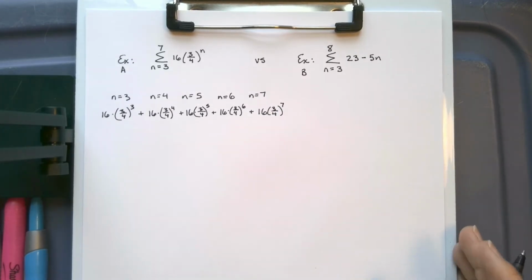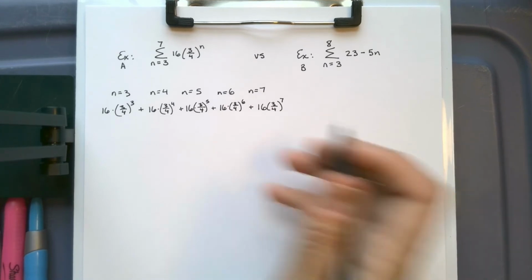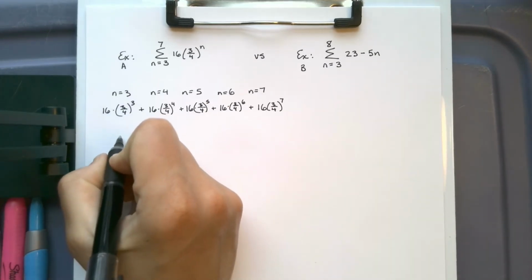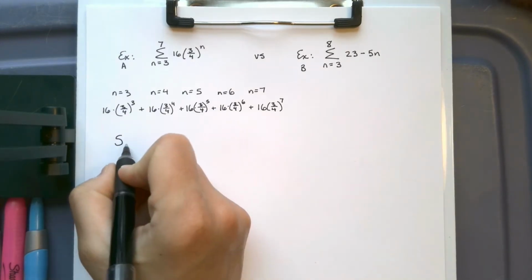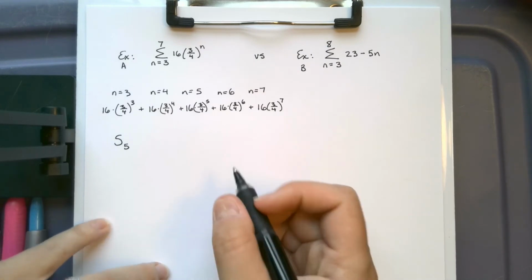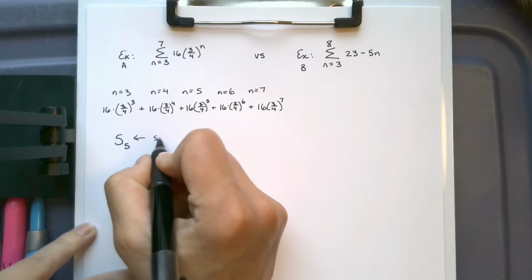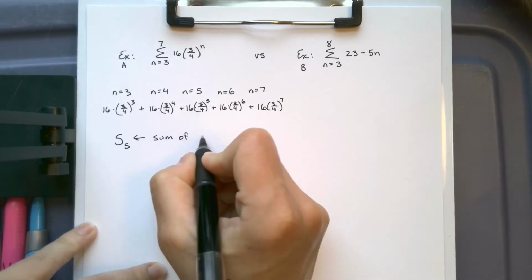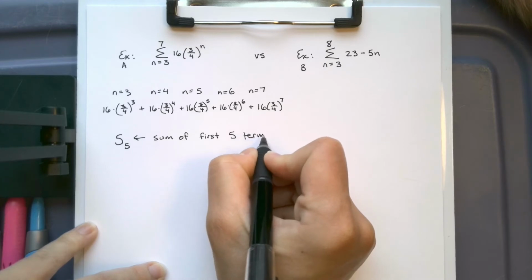Now, you can do this by hand, or you can use a formula. You can definitely use S sub 5, and I'll get to why I wrote 5, with the following pieces. Sum of the first 5 terms.